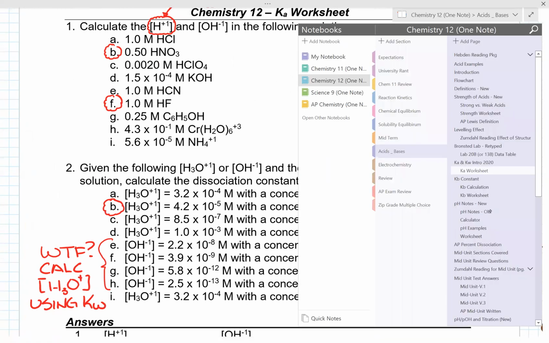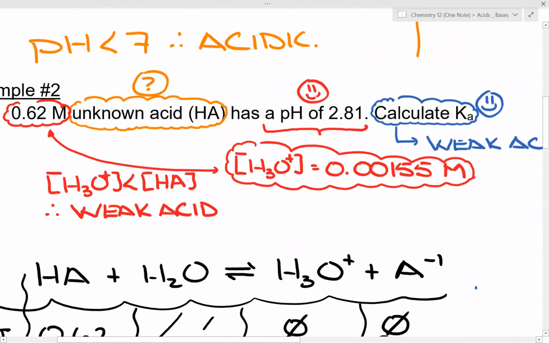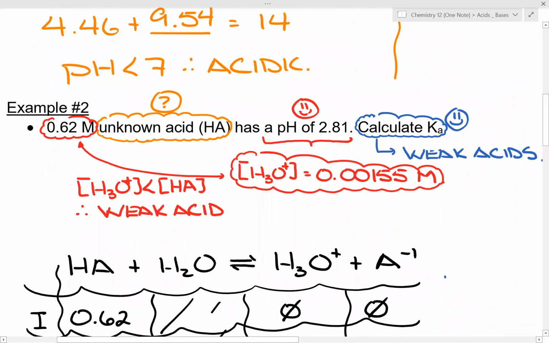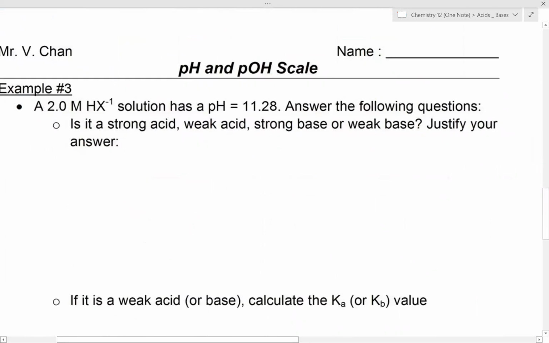So this is exactly the same thing. The only difference is instead of giving you the H3O plus concentration as a molarity, I give it to you as a pH value.